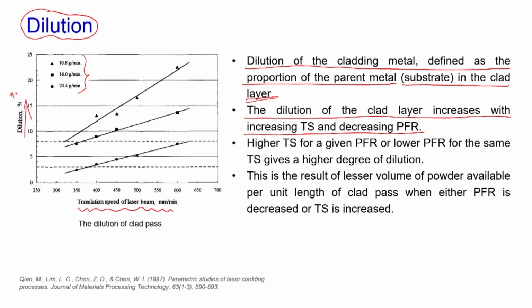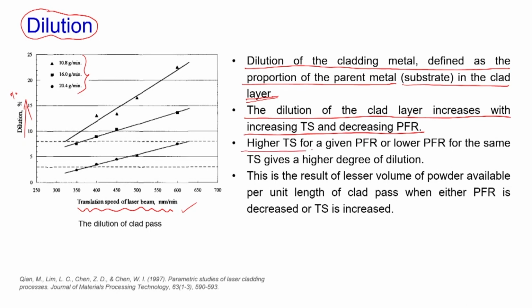You can notice here that the dilution percentage increases with TS, that is the scan speed, but decreases with an increase in the PFR.